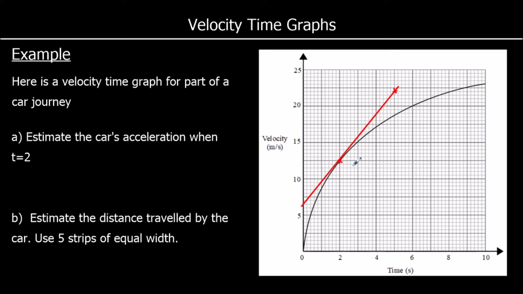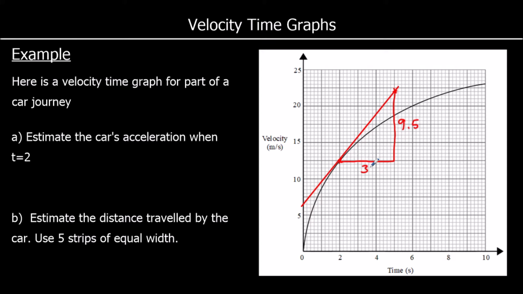So it's going along 3 here, and from 12.5 to 22 is 9.5. So for every one it goes across, how much does it go up?